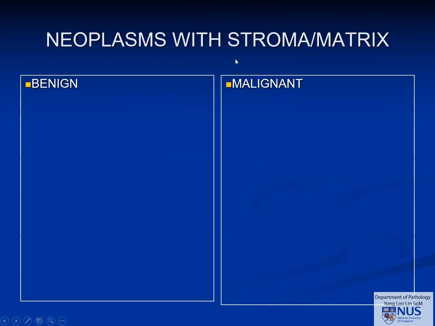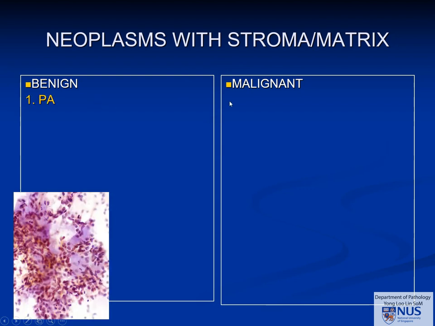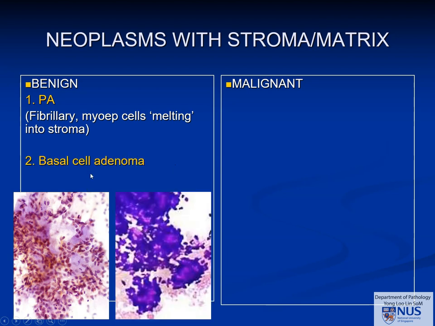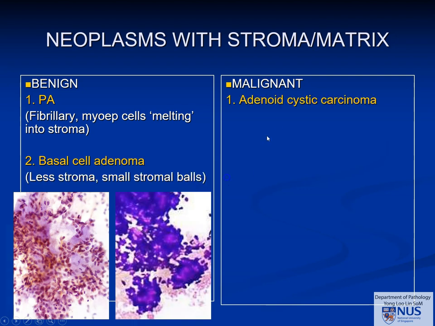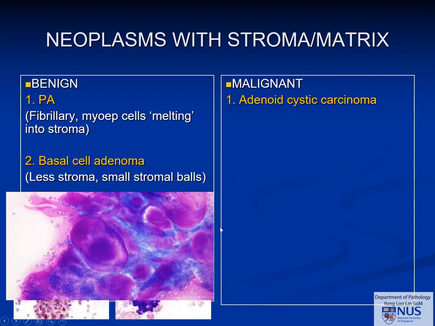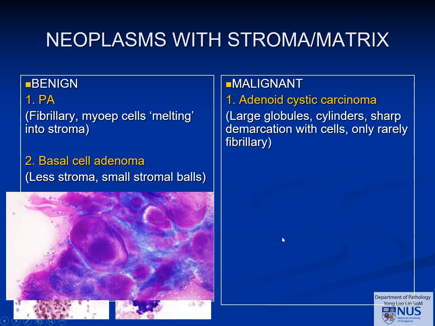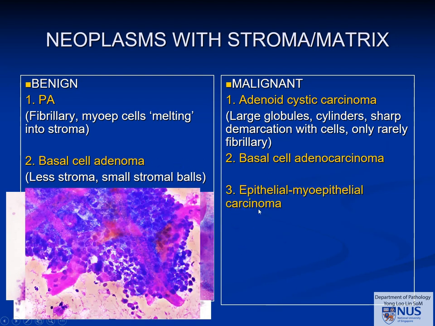So I also want to mention here neoplasms with stroma. And again, we have benign versus malignant neoplasms. So pleomorphic adenoma we have looked at. Basal cell adenoma, much less stroma and smaller stromal balls. Malignant adenoid cystic carcinoma we also have looked at. Basal cell adenocarcinoma, which essentially looks identical to basal cell adenoma. And then epithelial myoepithelial carcinoma, where the stroma is quite nondescript.